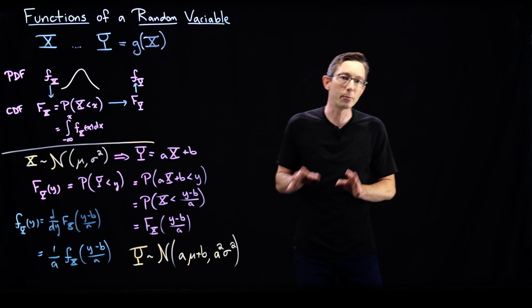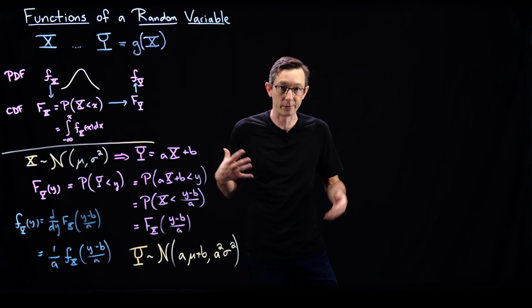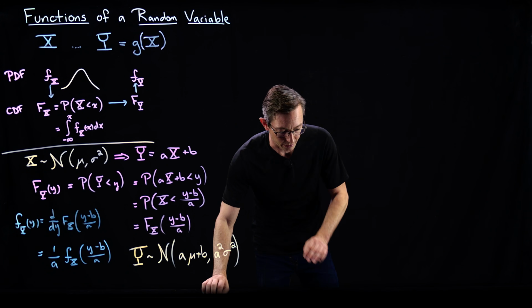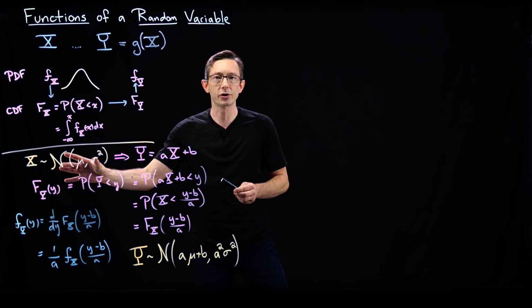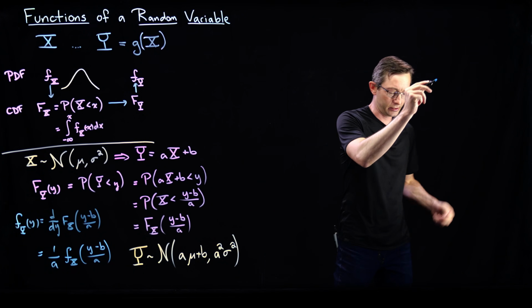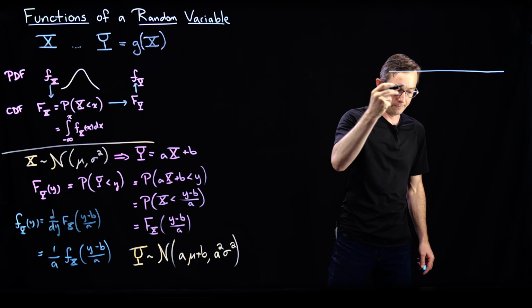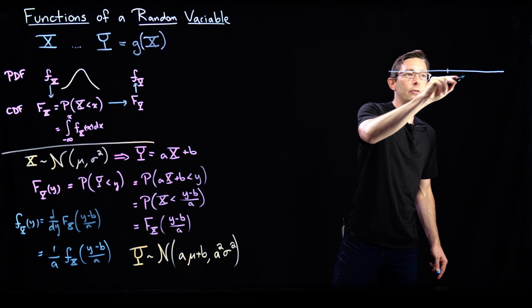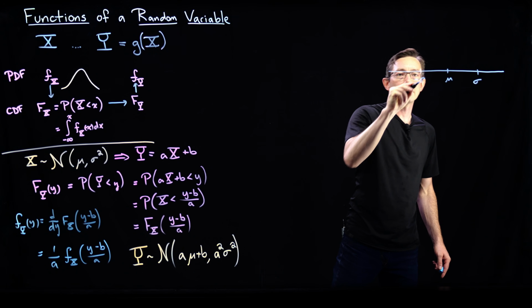And this is super, super useful. So I'm going to show you one of the ways that this is really, really useful. And the idea here is quite simple. Oftentimes you have a normal distributed random variable that has some mean and some standard deviation. So I'm just going to draw that here, it has mean mu, it has standard deviation sigma, minus sigma, something like that.